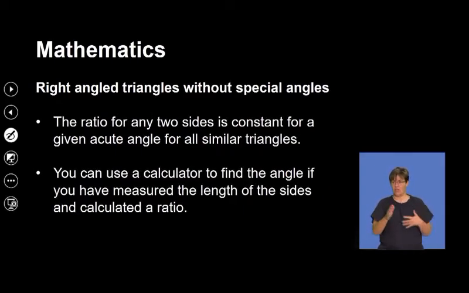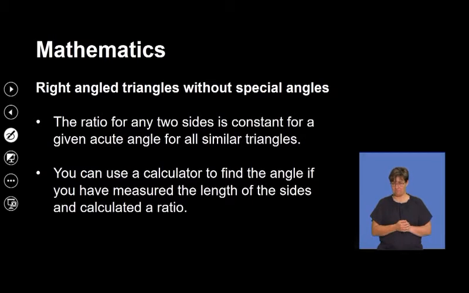The ratio for any 2 sides is constant for a given acute angle for all similar triangles. Remember, that was the conclusion we came to when we were looking at those 2 tables with 30 degrees. And I hope you also saw the same thing with the 60 and the 45.